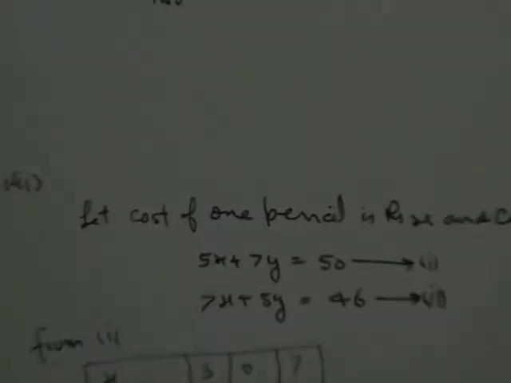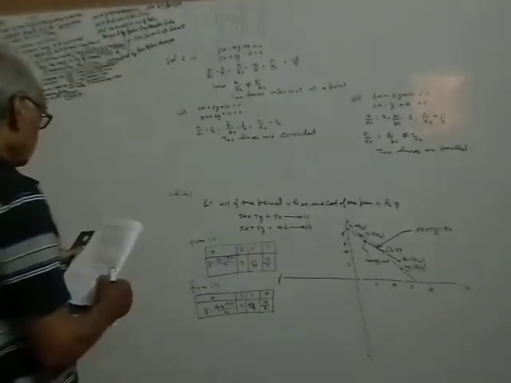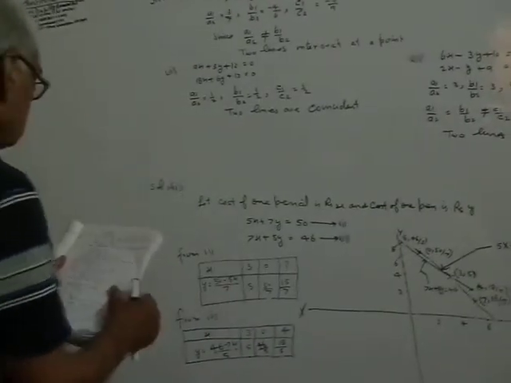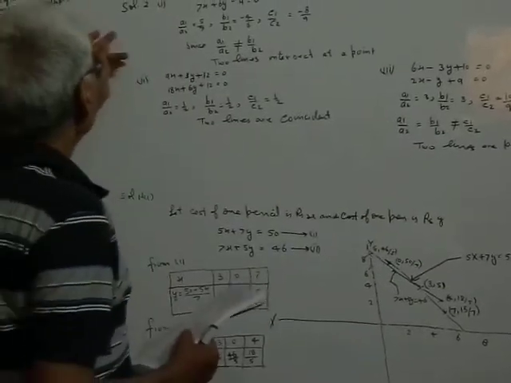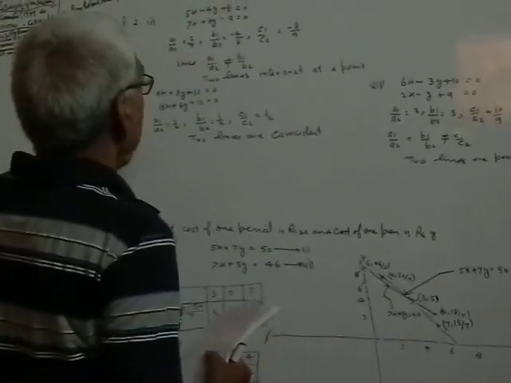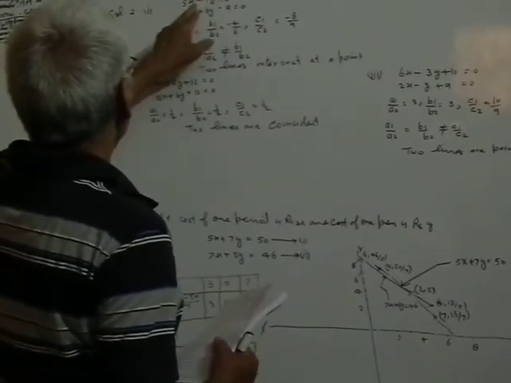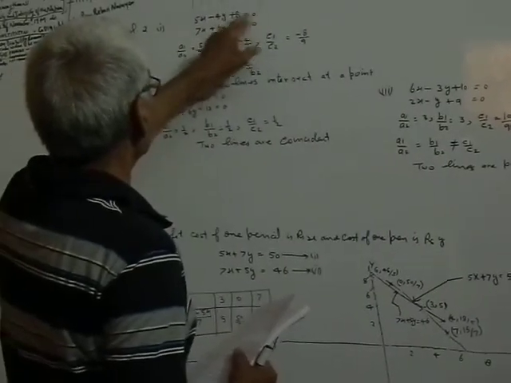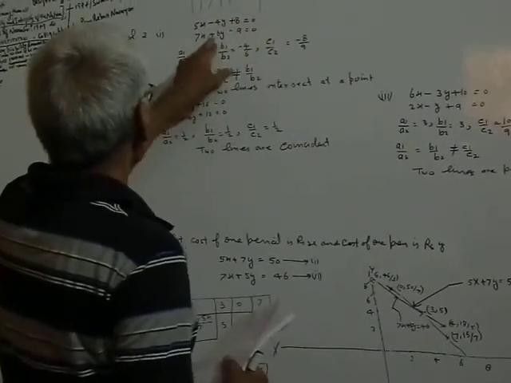Now come to the third question. In question third, 5x - 4y + 18 = 0 and 7x + 6y - 9 = 0.